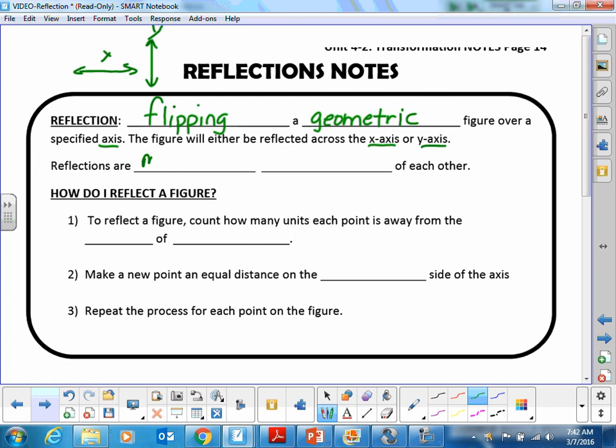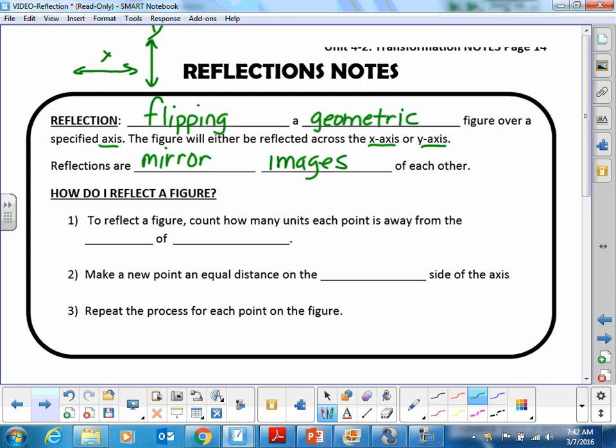Reflections are mirror images of each other. So they look very similar, but there's going to be some aspects that are a little bit different. And really quickly, how do we reflect it?